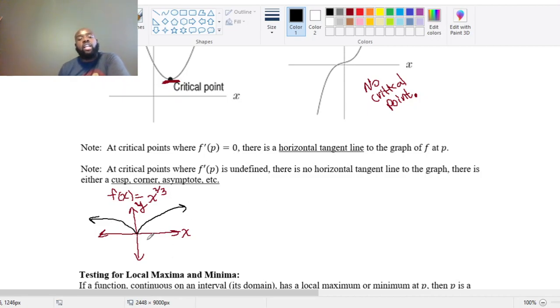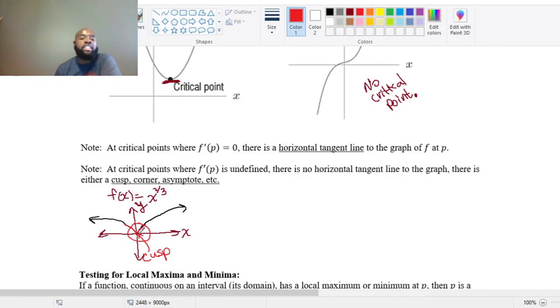With a function that looks like this, at x equals 0, this little area here has a sharp point. This is what we call a cusp. It's a little sharp point that our graph kind of makes. Even though it's curvy, it does still create a point. And so instead of calling it a corner, we call it a cusp because it is a rounded type scenario here.